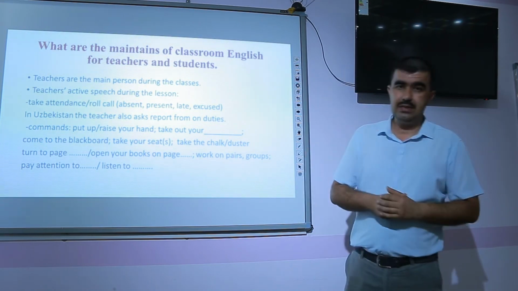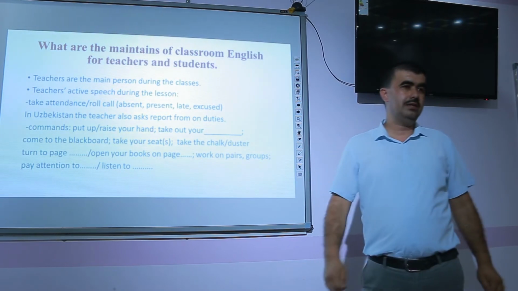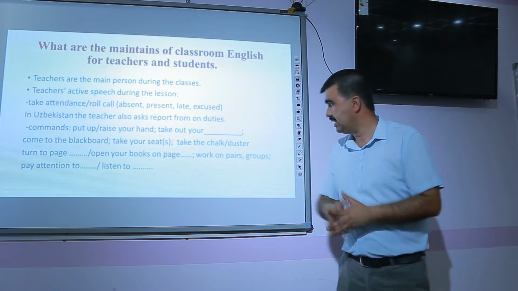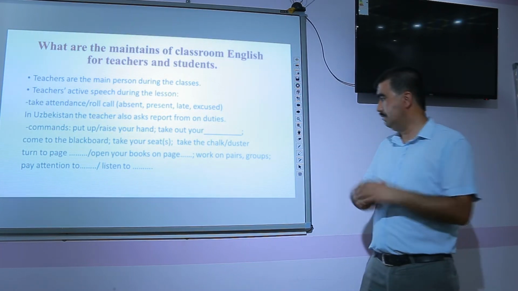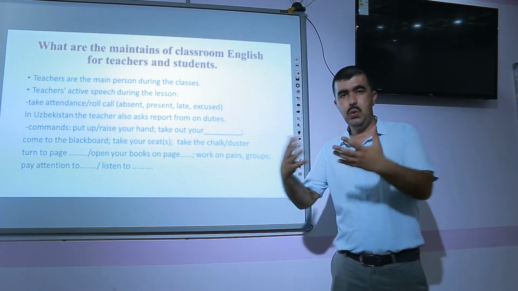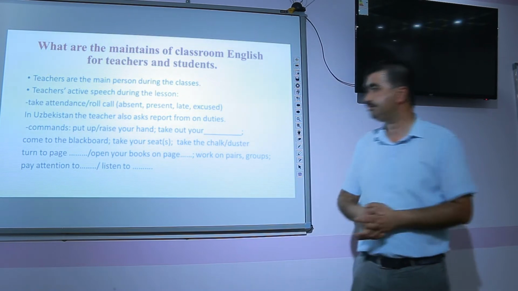And you know that the lesson is a very difficult procedure and the teacher should work in pairs or in groups. So that's why the teacher says, let's work in a group or let's work in pairs.